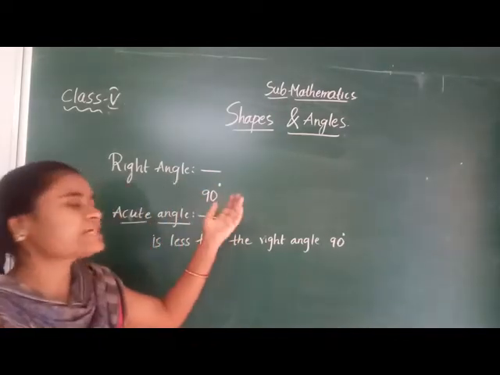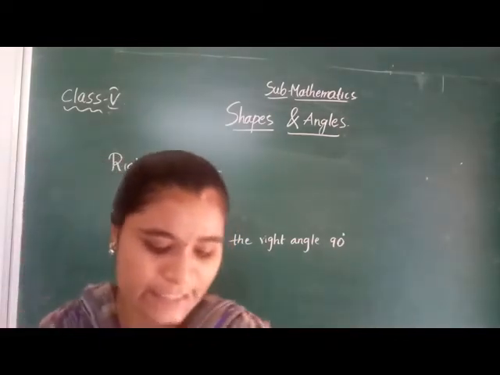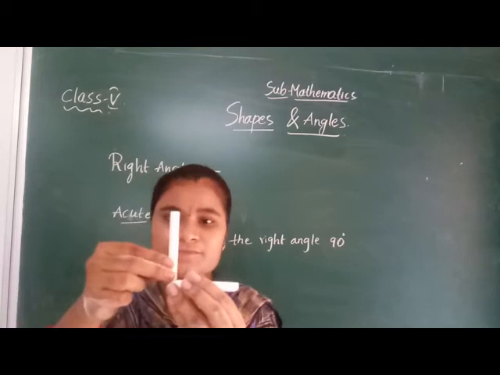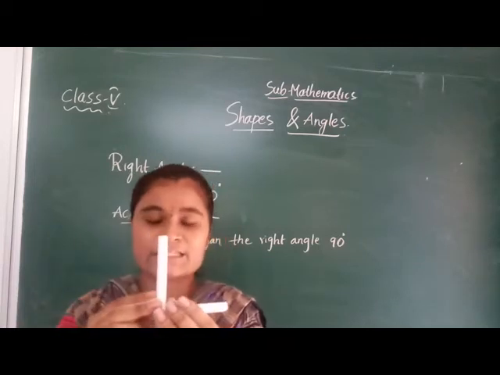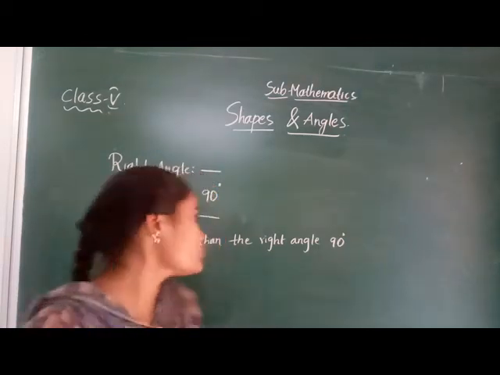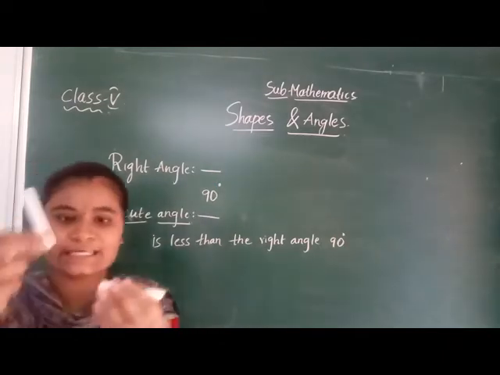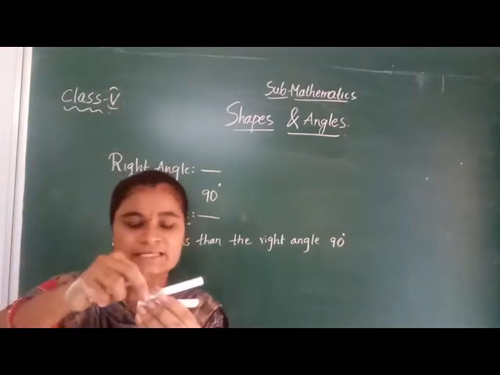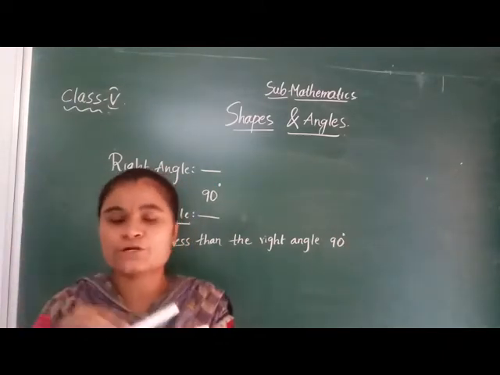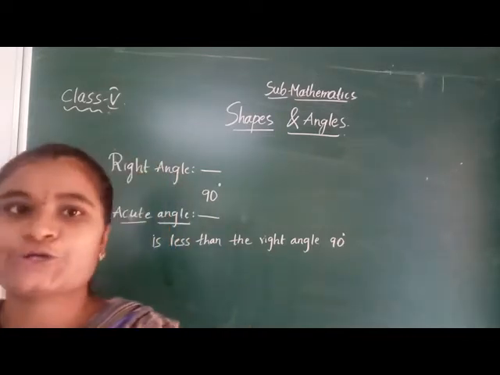Right angle means exactly 90 degrees, and it looks like this. This one is the right angle. Acute angle means less than 90 degrees, from 0 to below 90. That one is the acute angle.